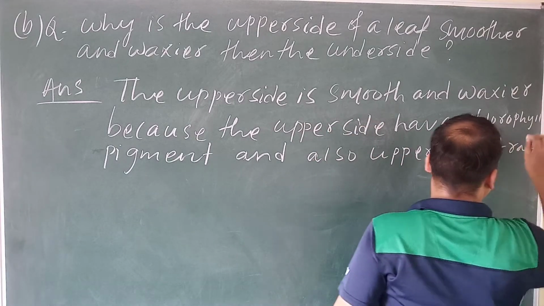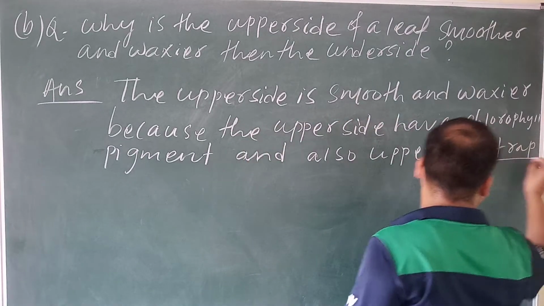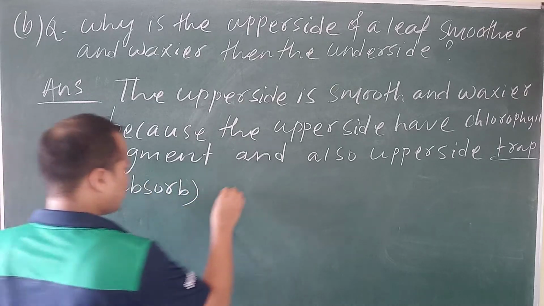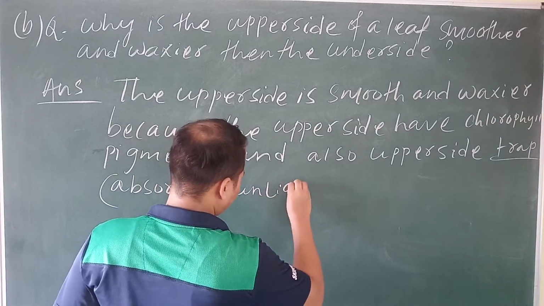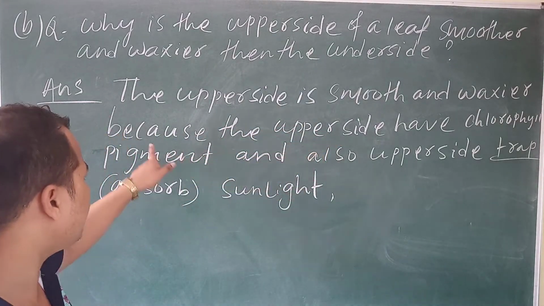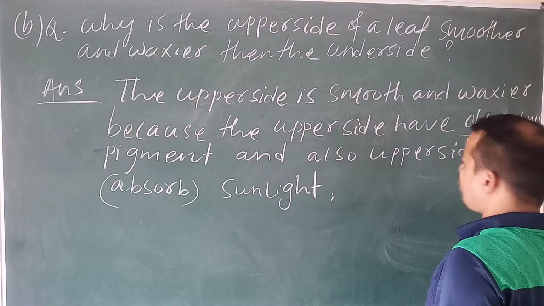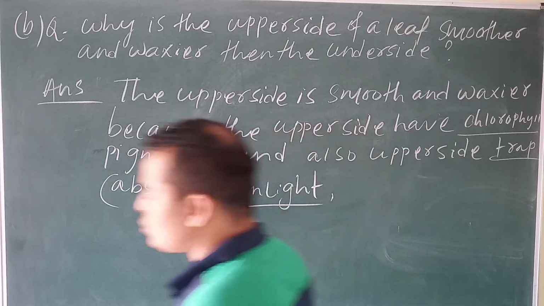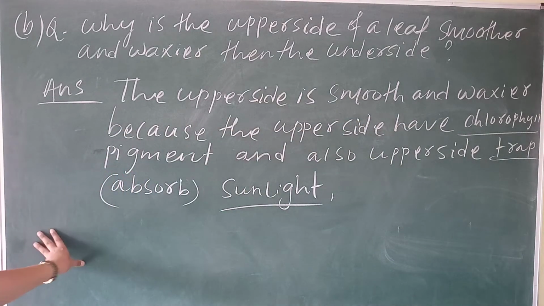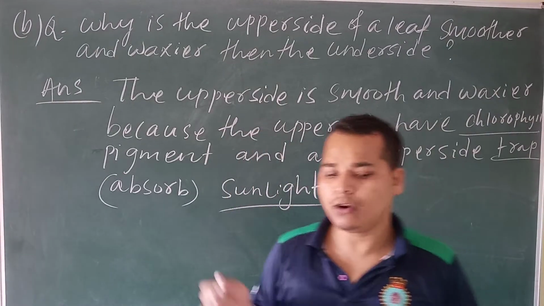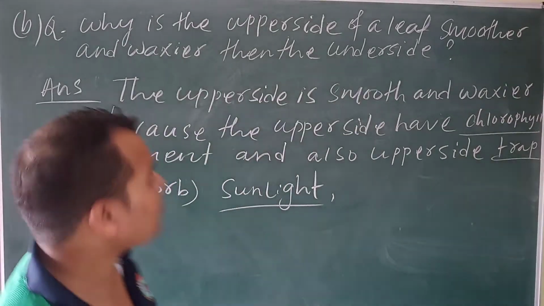Trap means absorb. So the upper side is smooth and waxy because the upper side has chlorophyll pigment and traps the sunlight. So that's why the upper side of the leaves is smoother and waxier than the underside. The underside is very rough. So this is over question number B.